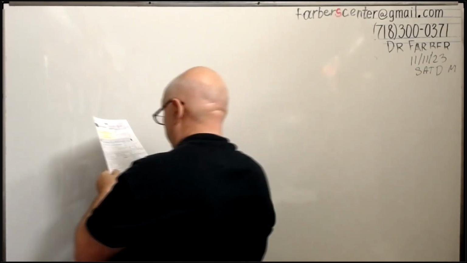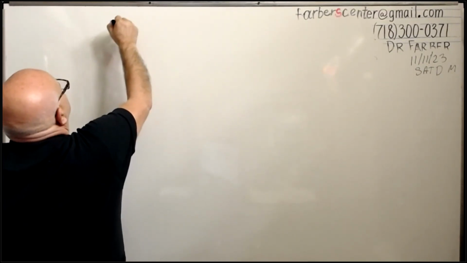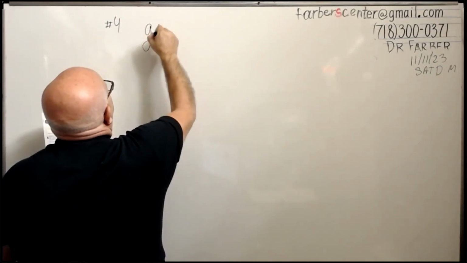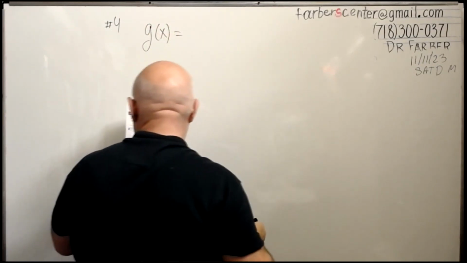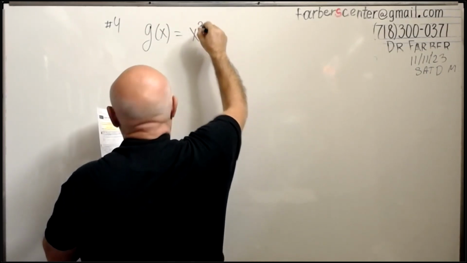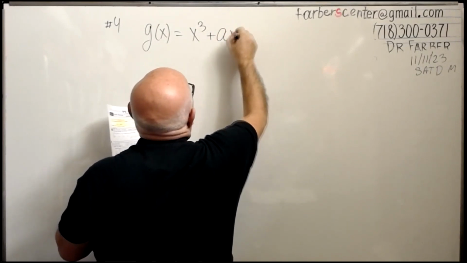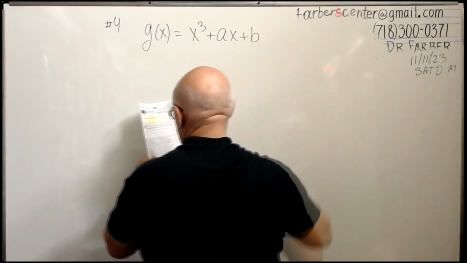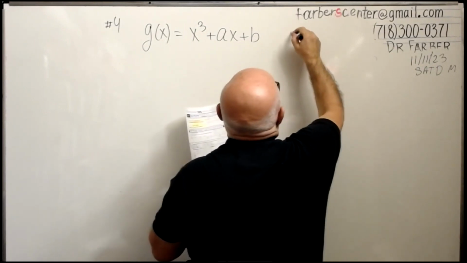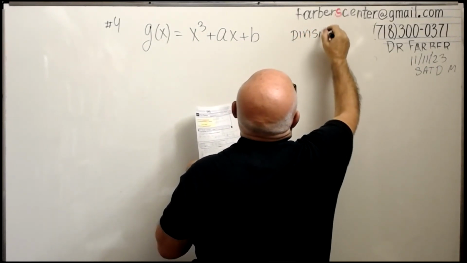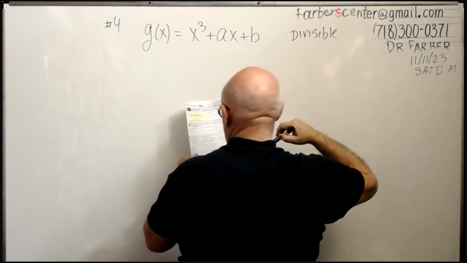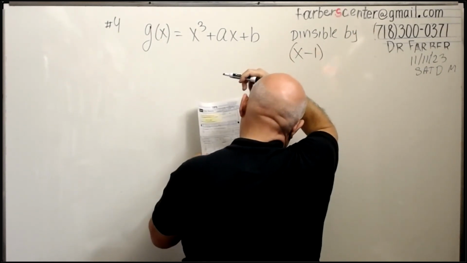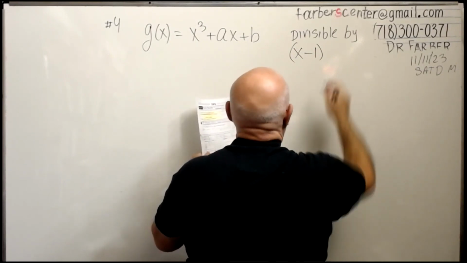In number 4, what we have? We have a function g of x equals x to the third plus ax plus b is divisible by x minus 1 times x minus 2.